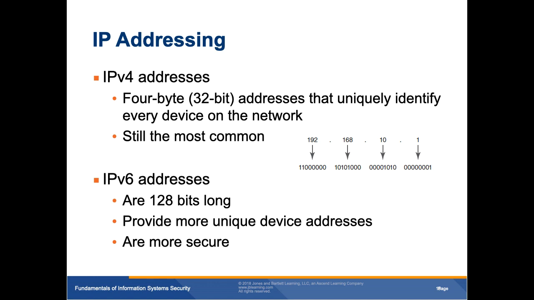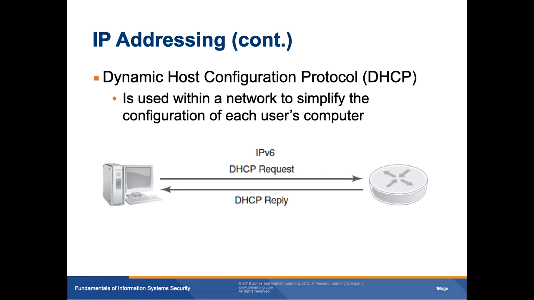It's just getting to be needed. They are 128 bits long, so four times as many bits, but an exponential amount more IP addresses, and they provide more unique device addresses. IPv6 is also more secure; it has some security built into it.